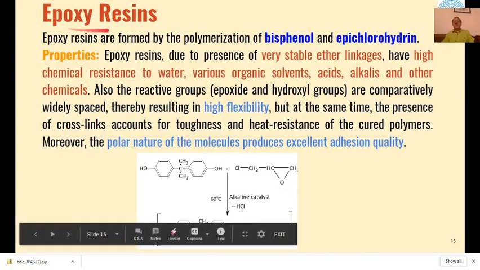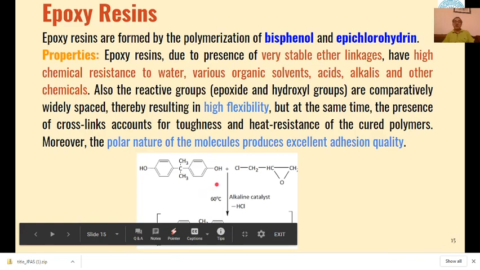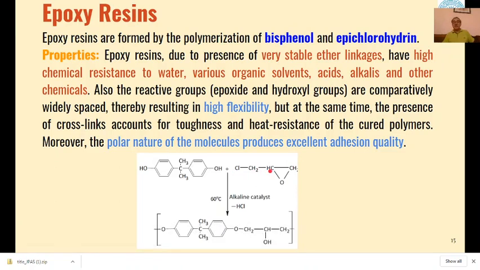Then there are epoxy resins. Epoxy resins are formed by the polymerization of bisphenols with epichlorohydrin. Epichlorohydrin is this three-membered, oxygen-containing heterocyclic compound having chlorine on the carbon alpha to the ring.